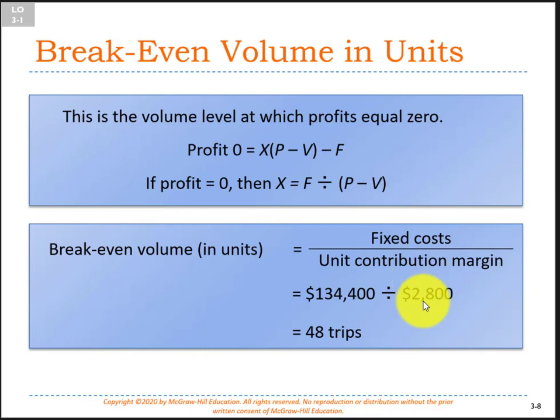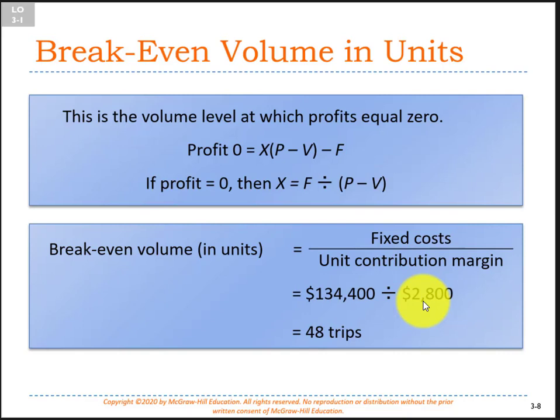And our contribution margin per unit was $2,800. So we take 134,400 divided by 2,800 and we get 48 trips. That's how many trips we have to go on to break even, meaning just barely cover our fixed cost, no profit at all.